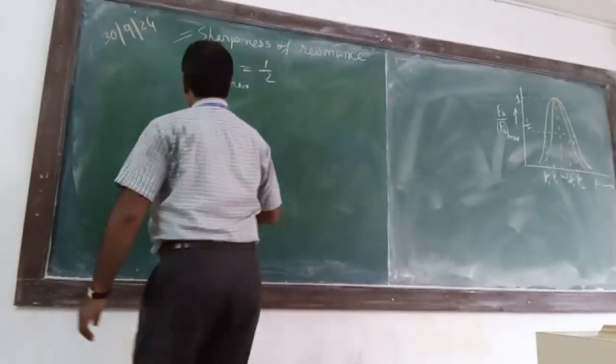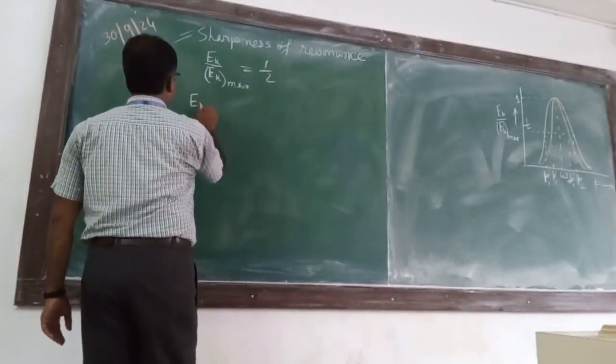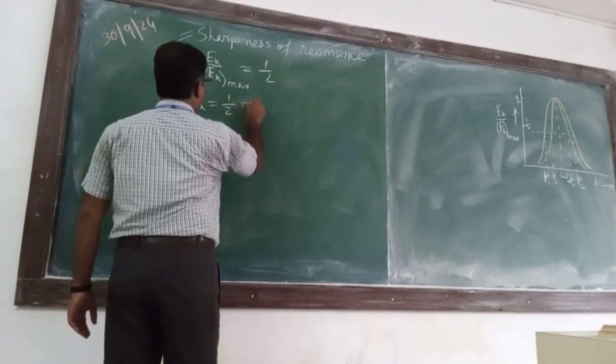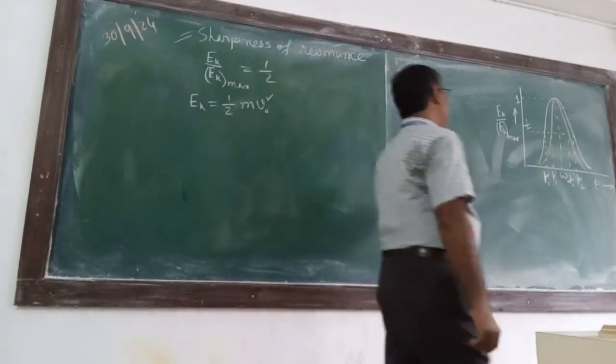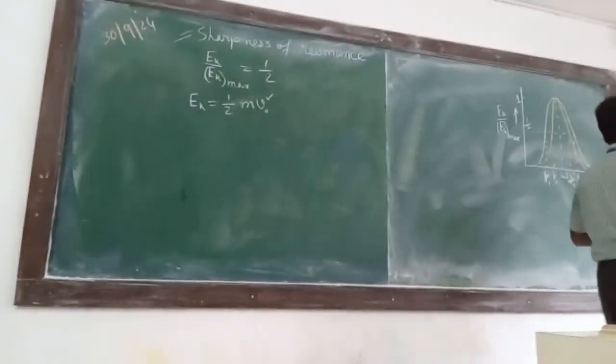We know the kinetic energy Ek equals half m v naught square.